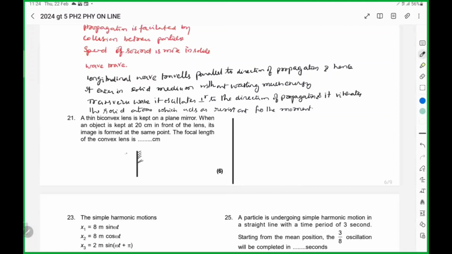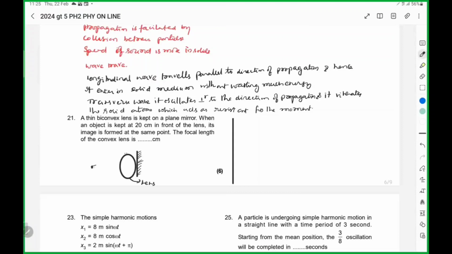This one is the biconvex lens. When an object is kept 20 centimeter in front of the lens, its image is formed at the same point.